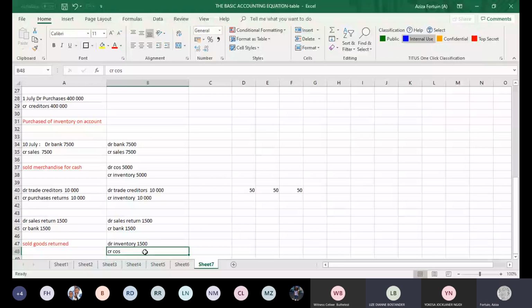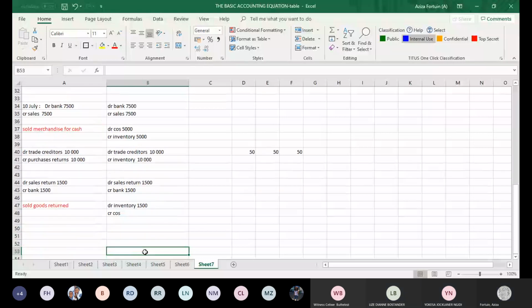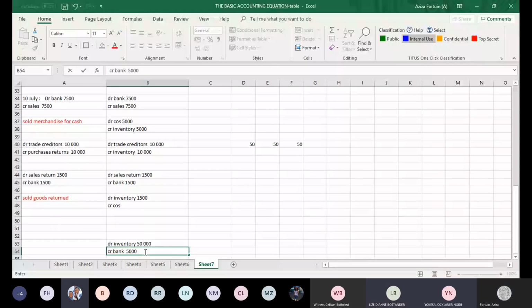Under the perpetual system, if I use a perpetual system, bought consumables for 50,000. Inventory is going to be involved. Then we're going to debit inventory under the perpetual. You said under the perpetual, am I correct? Yes. Okay, and then bank, did you buy goods for cash or on credit? For cash. And then bank will be involved as well.